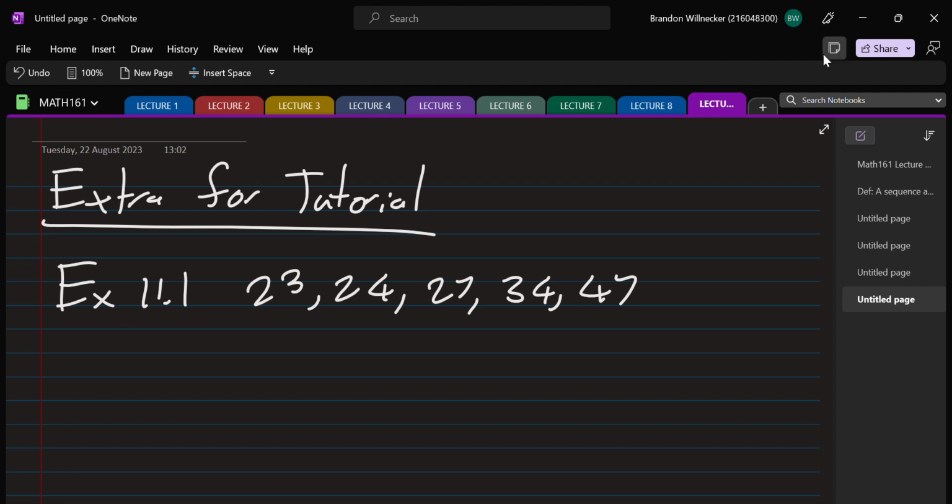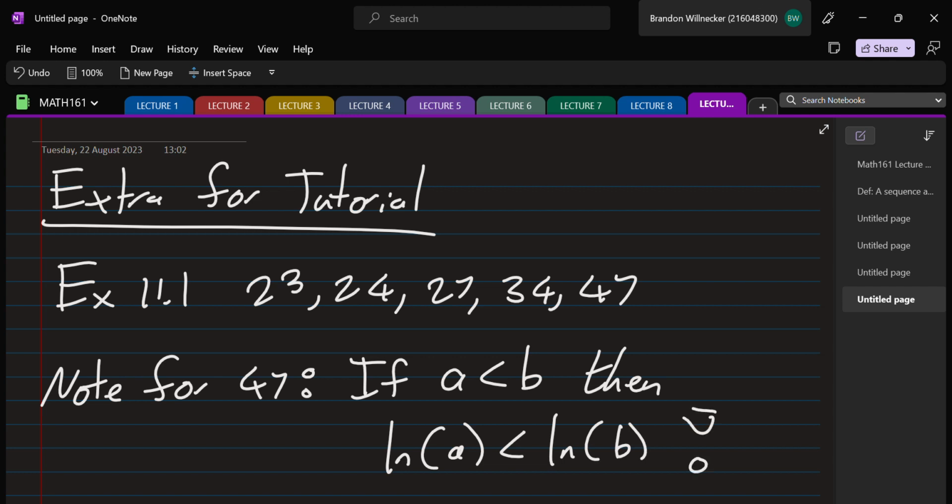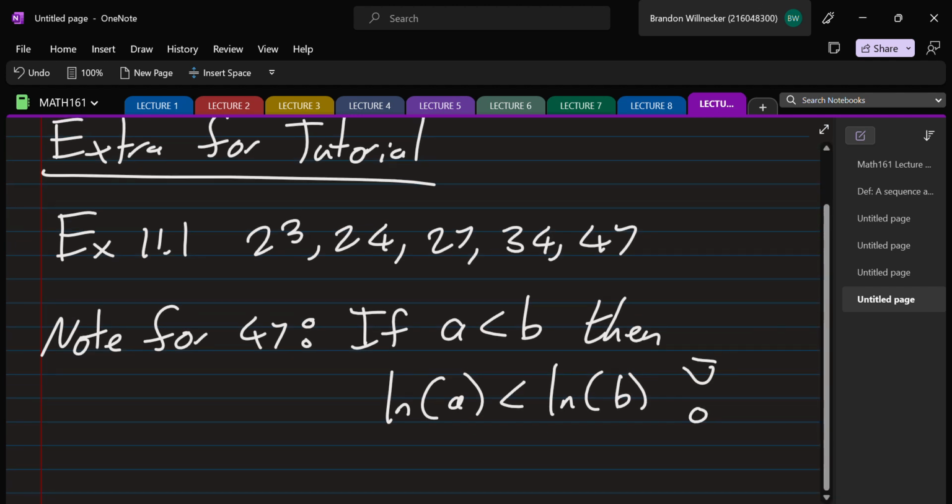Just a note for number 47: if a is less than b, then the natural log of a is less than the natural log of b. So when you're showing the inequality for increasing or decreasing, we can take the natural log on both sides and the inequality stays the same. That will help you out.